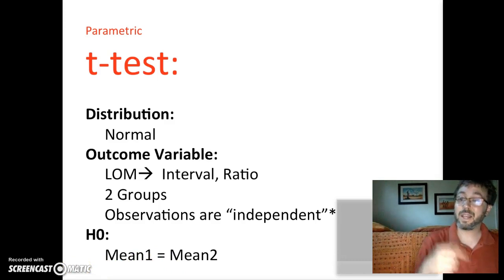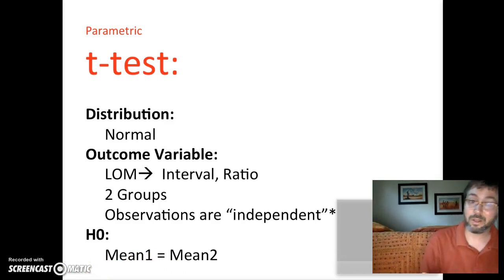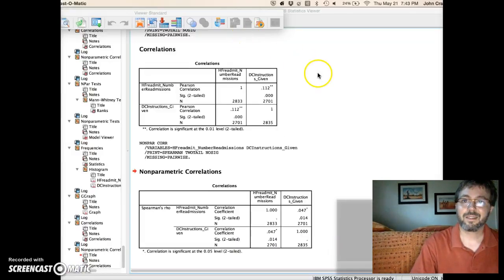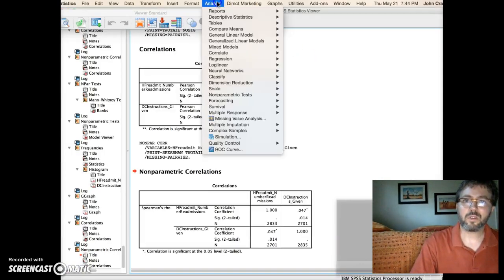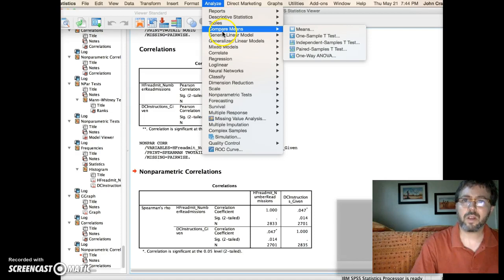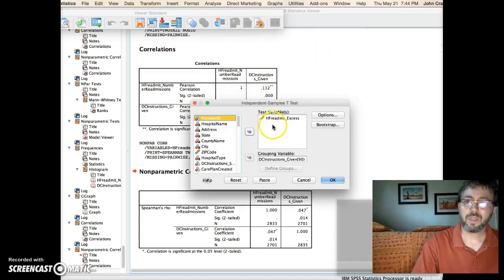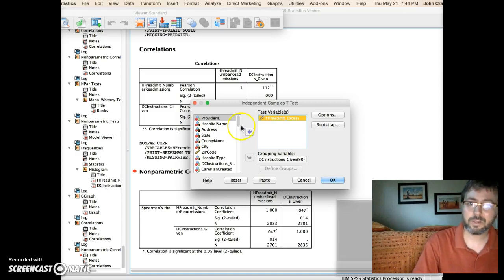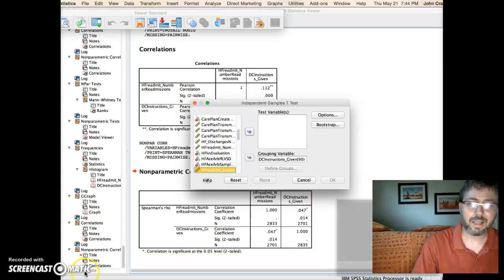We already know that the data are not normally distributed, but I want to illustrate how to run a t-test. I'm not saying that the t-test is the right one for these data, but I simply want to illustrate the process. So back in SPSS, we'll go to Analyze, and we are going to compare means, independent sample t-test. So that's comparing mean between two groups. And I'm going to say, let's look at hospital heart failure readmissions, except not excess.